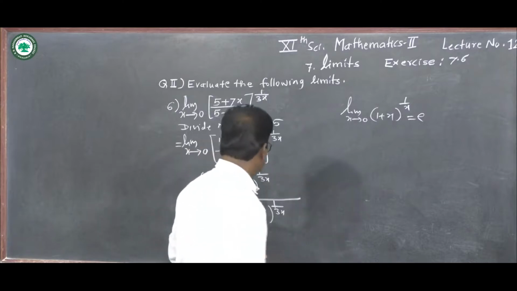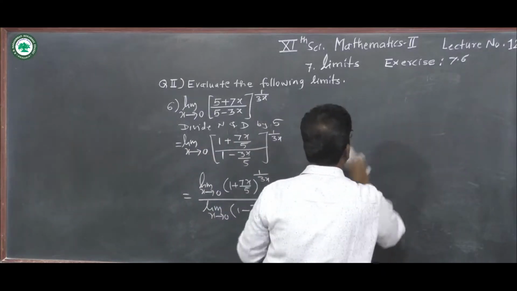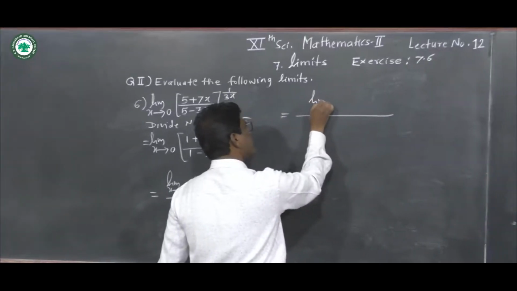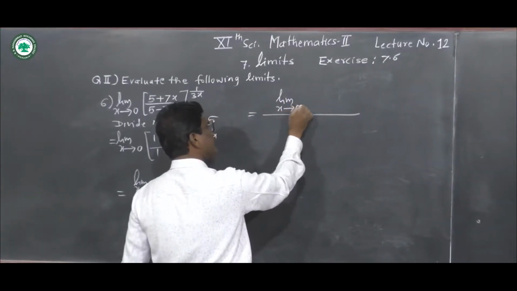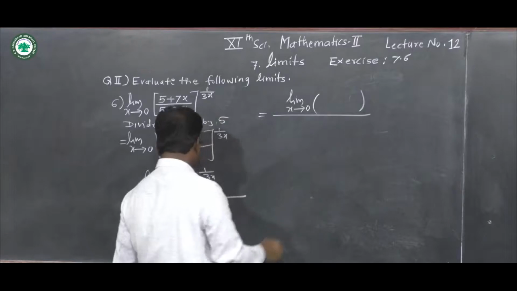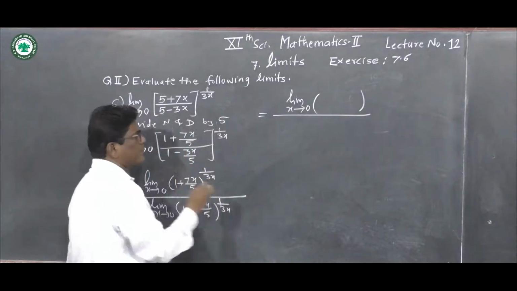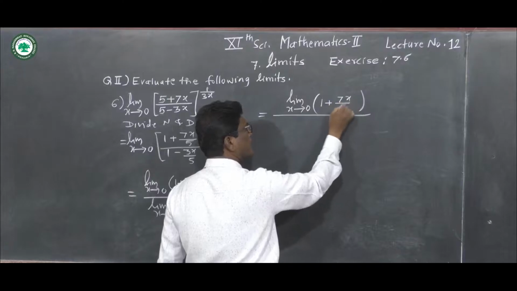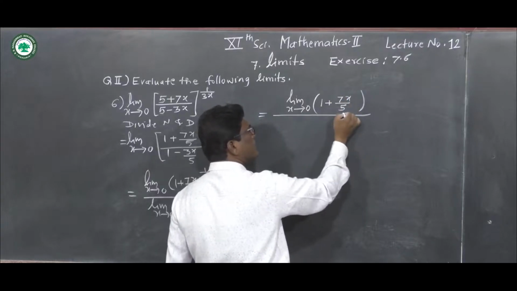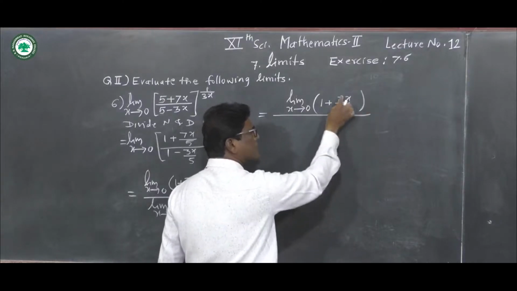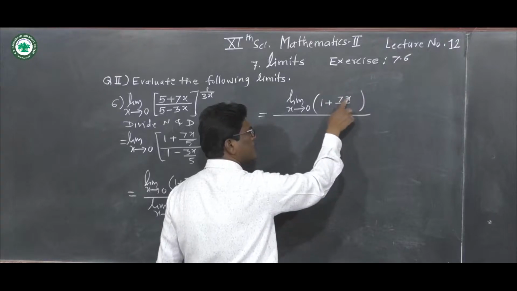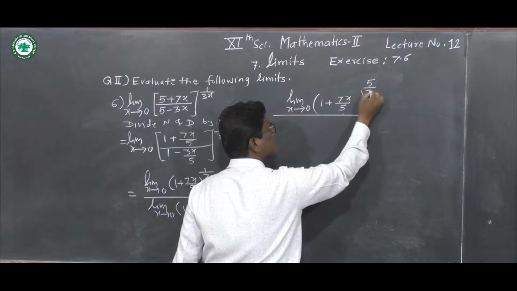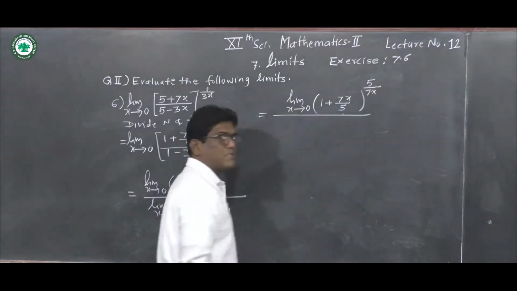In the numerator, limit as x tends to 0 of (1 + 7x/5). We want the reciprocal of this as a power, so take directly the reciprocal: 5/(7x).